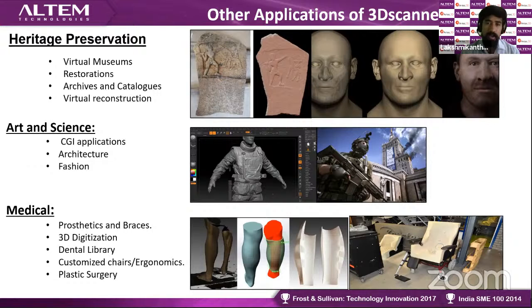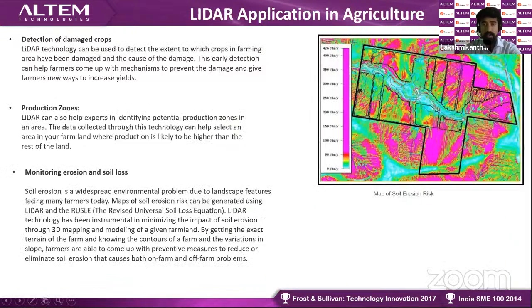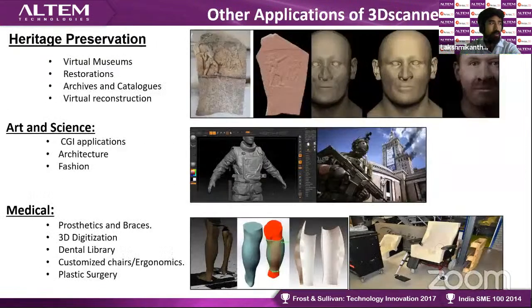Okay. And next, if I talk about applications like art and science, that means applications like CGI, architecture and fashion, let's go deeper in the next slides. CGI applications means applications of graphical interpretation, or if you want to take a character which exists physically into a computer world and design something new on that.